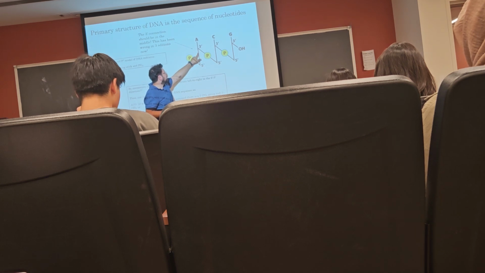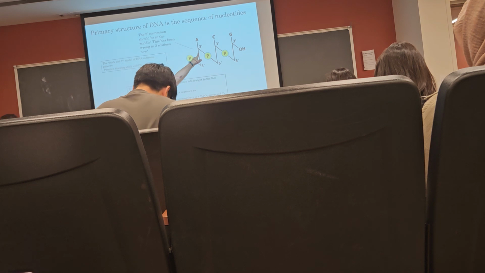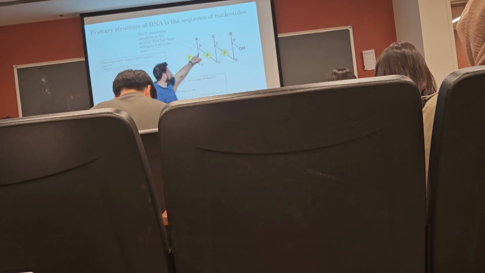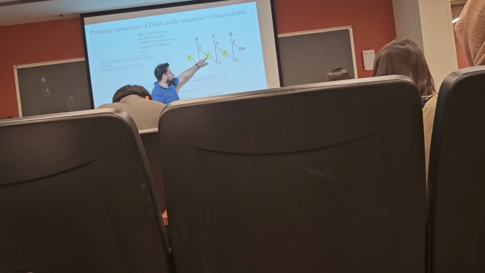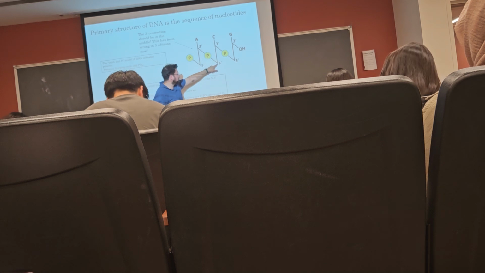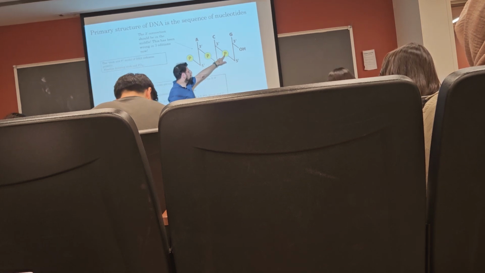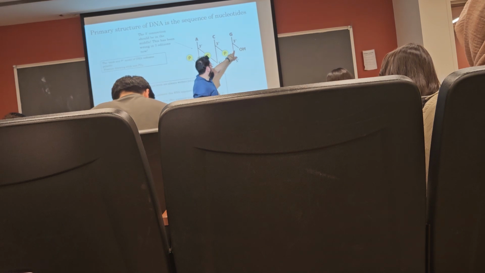The 3' carbon of the first sugar is connected to a phosphate, as we'll see in a minute. That phosphate is connected to the 5' carbon of the next sugar. The 3' carbon of that sugar is connected to a phosphate, which is connected to the 5' carbon, and so on and so on.